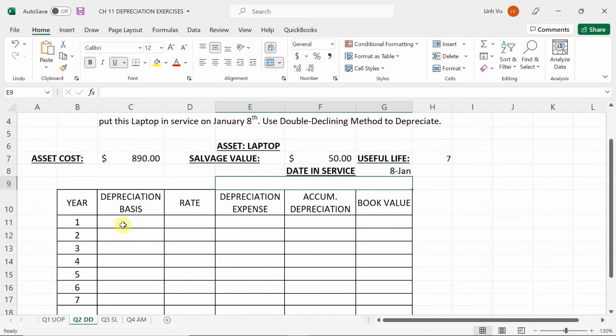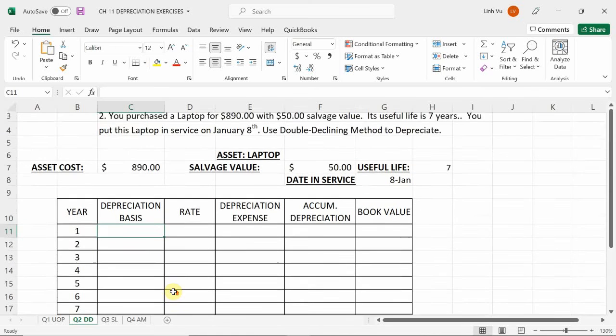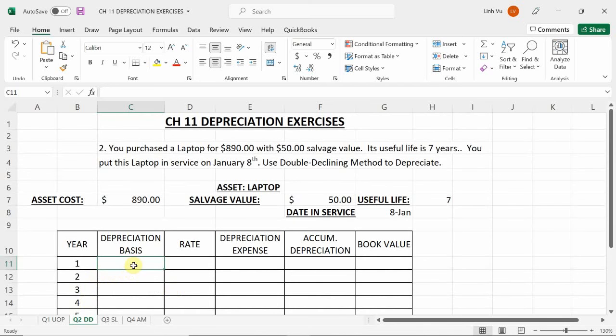Let's go ahead and figure out what my depreciation basis is going to be. Beginning of the year book value. So in this case, 840.